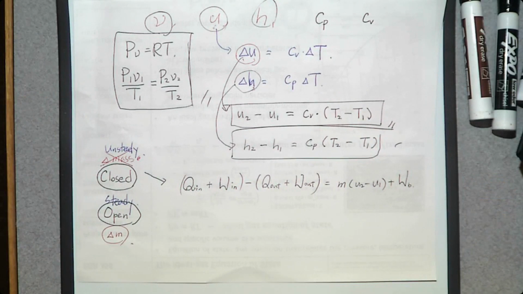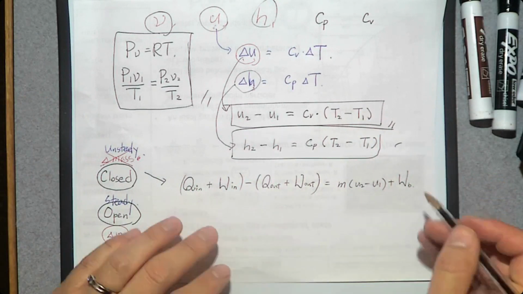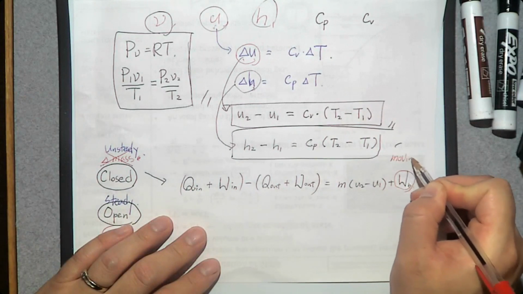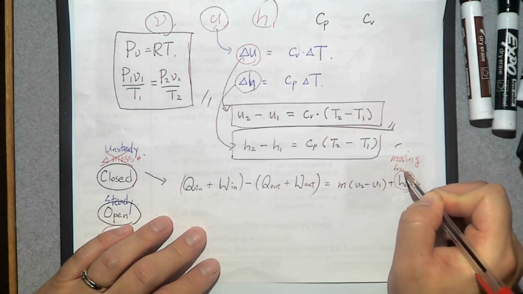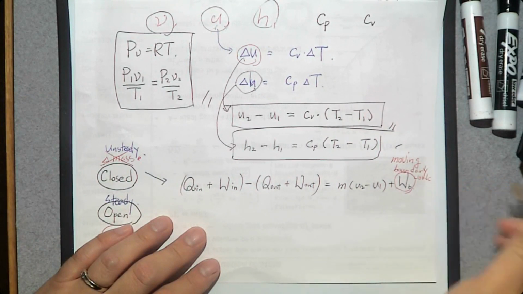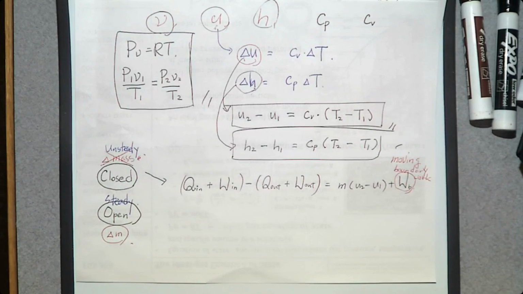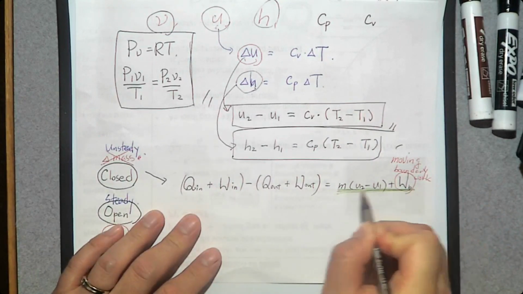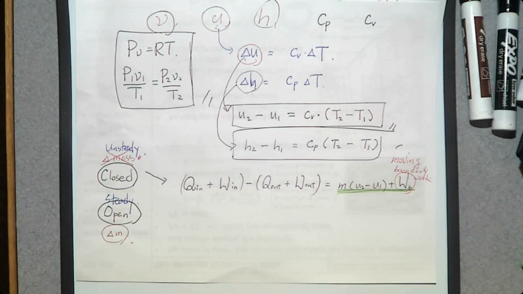We are going to talk about moving boundary work in the next slides, so don't worry about that. This one is moving boundary work, and that's on a closed system. Sometimes we can simplify the right-hand side of this equation.